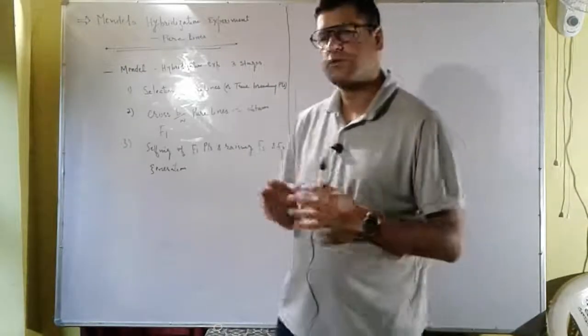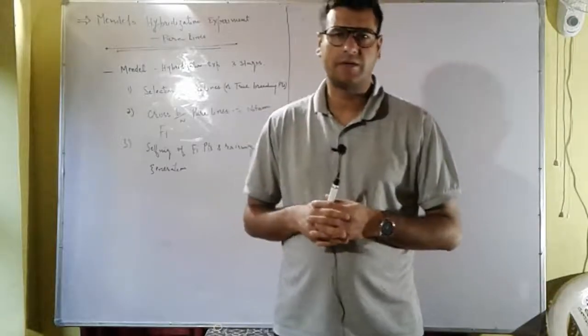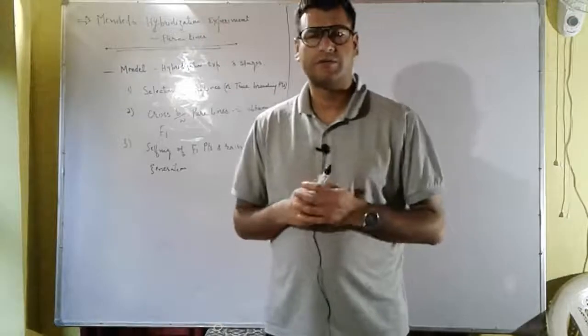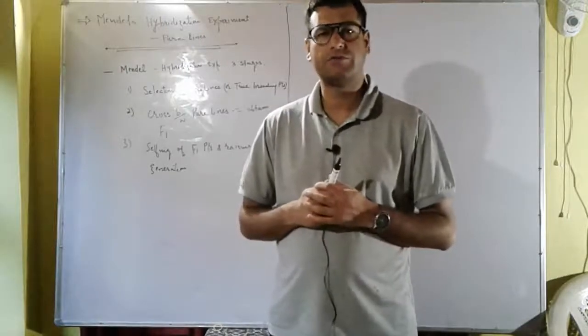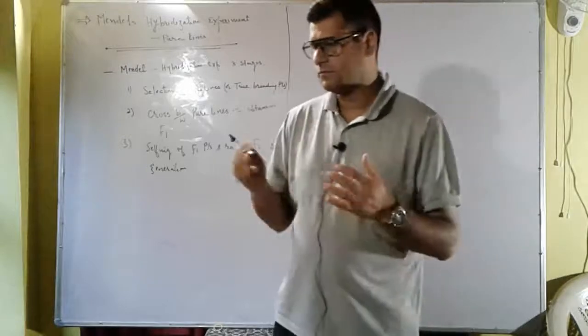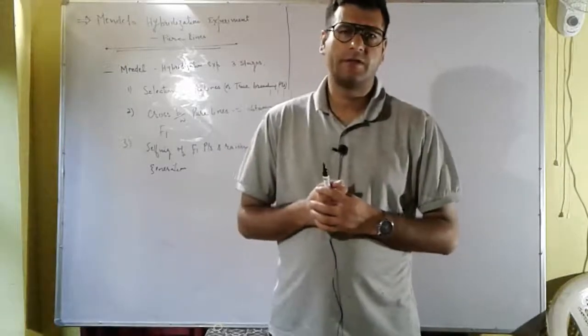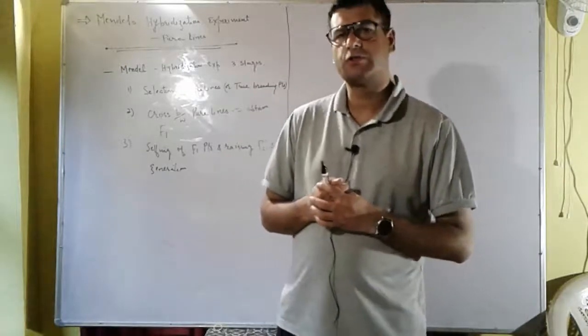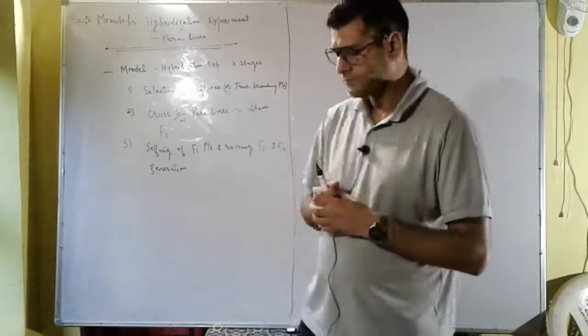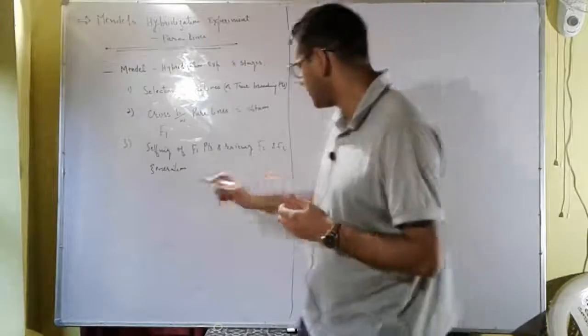That means selection of pure lines or true breeding plants, then cross between these pure lines to obtain the F1 generation, what we call hybrids. Then selfing of these F1 plants to raise the subsequent generations like the F2 generation and F3 generation.